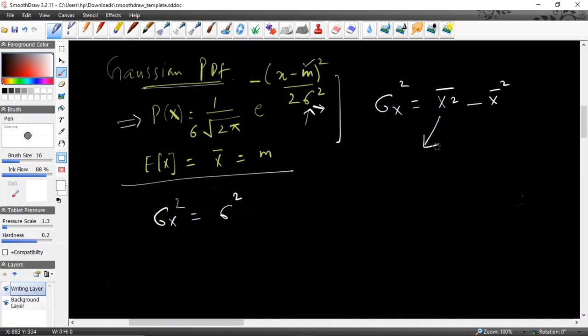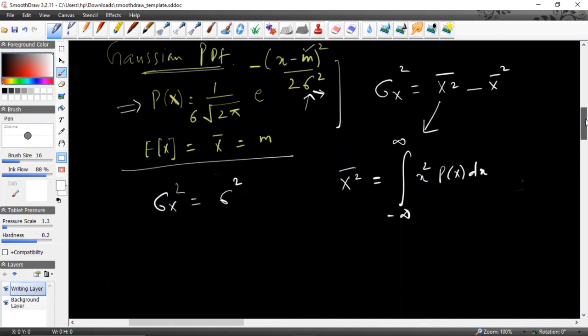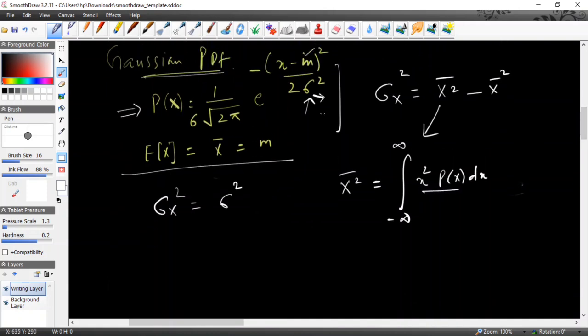And if you find the mean square value of this random variable, that is integration of x square p(x) dx, integration from minus to plus infinity. So you can put this p(x) here, and then you can do some changes, that I leave as a homework or assignment for you.